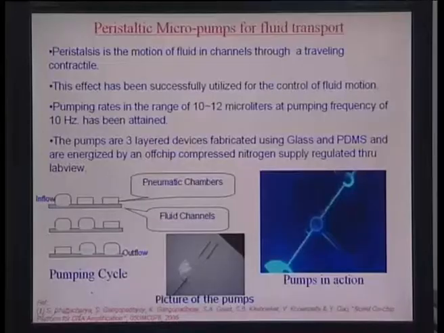to show some illustration from one of the research modules that we have developed in our laboratory here. So, this right here is the example of what a peristaltic pump would typically do for fluid transport. So, let me just reiterate, peristalsis is the motion of a travelling contractile fluid due to a travelling contractile.